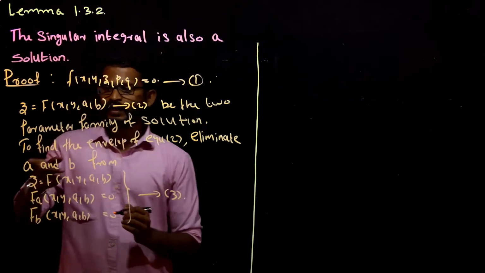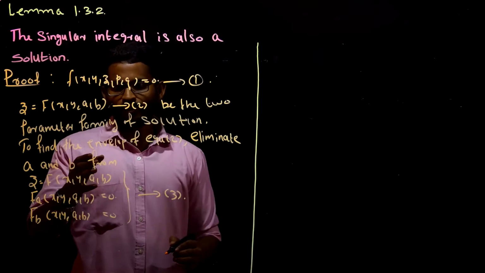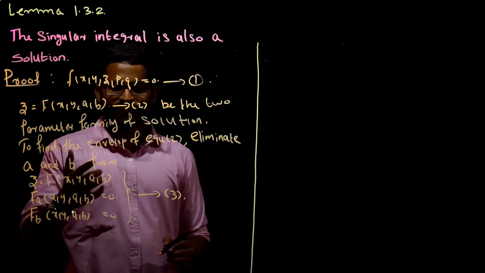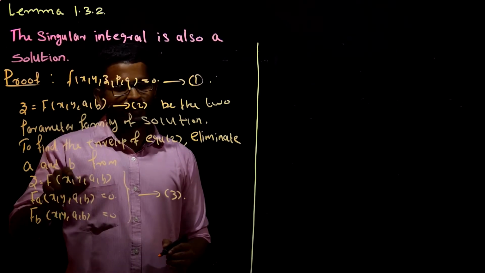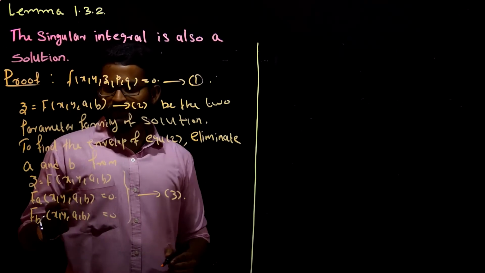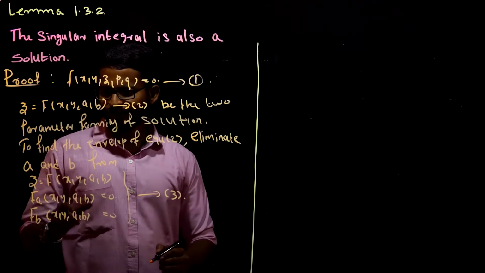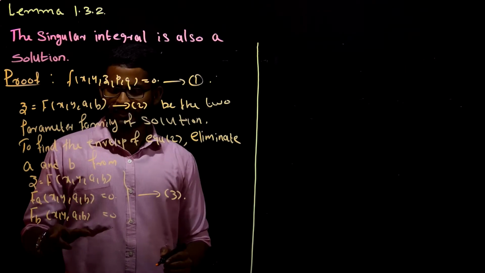What I mean is that if you want to find the envelope of this two parameter family, we have to eliminate the two parameters a and b from these three equations.